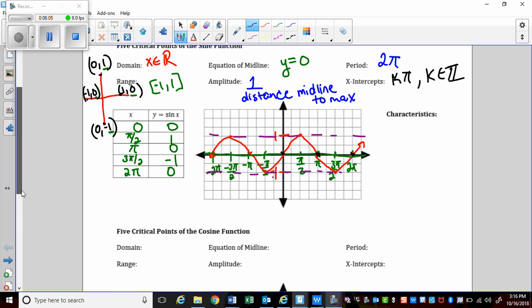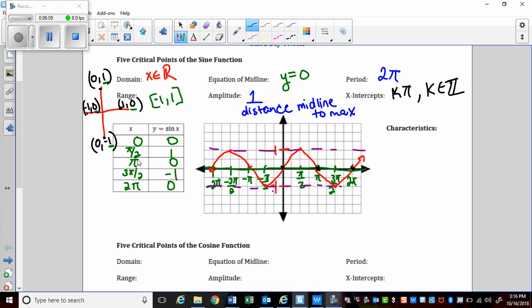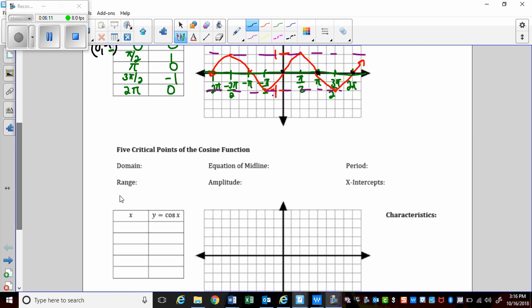Let's look at what the cosine values are. I'm going to use the same radians. So 0, pi over 2, pi, 3 pi over 2, and 2 pi.